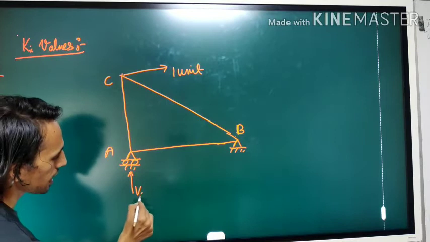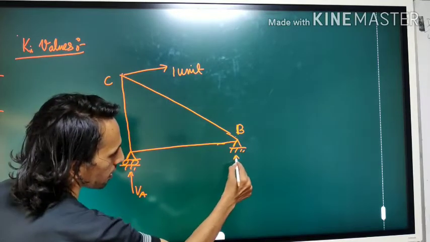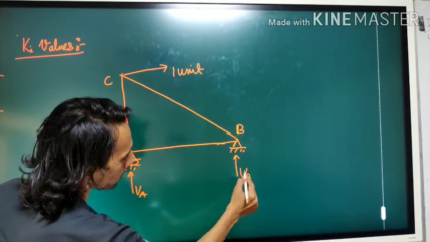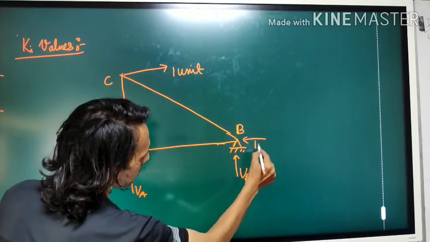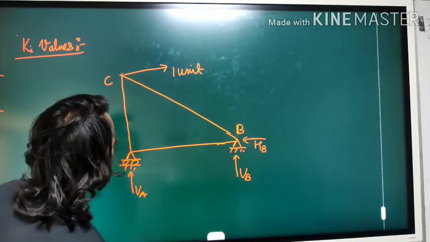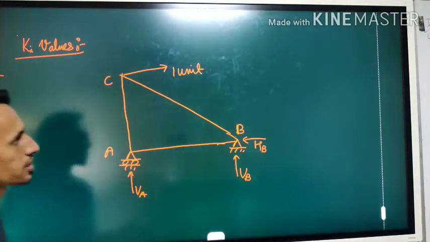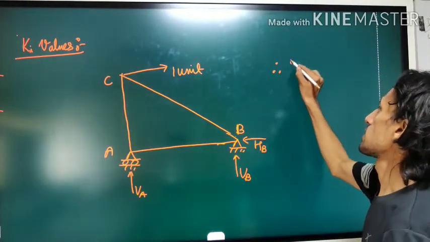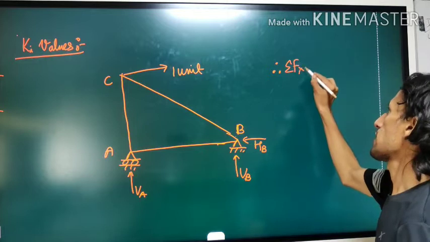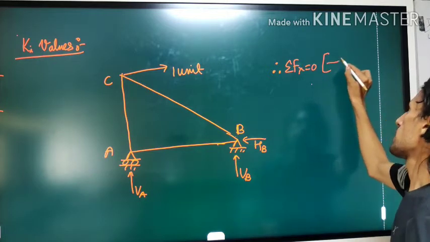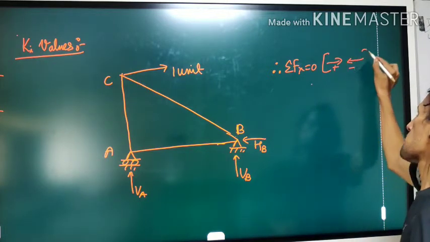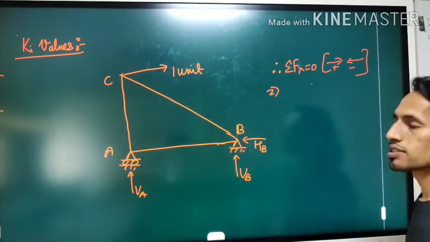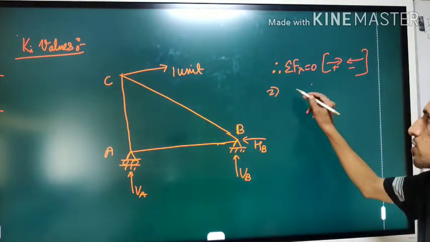Again you have to calculate VA, VB and HB. So let's start. The first equation that I am using is summation of forces in x direction equals 0. Sign convention is the same. How many forces are horizontal? 1 unit.